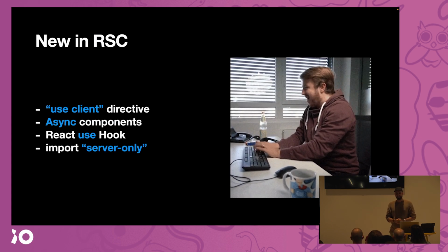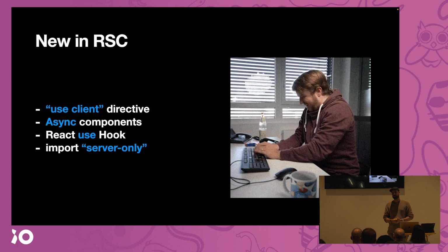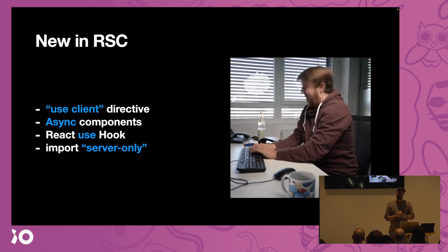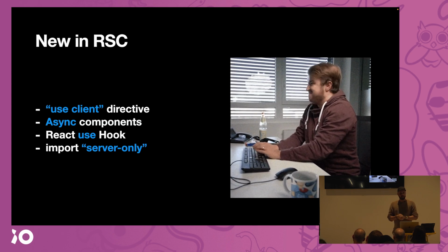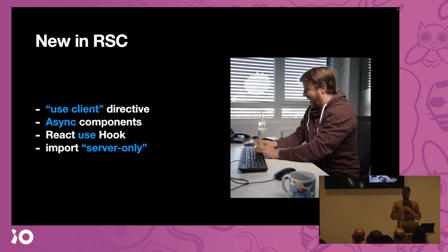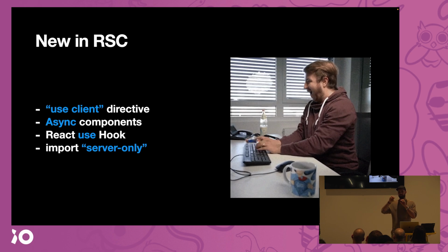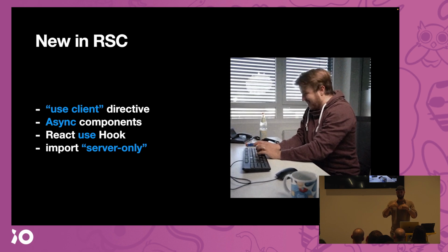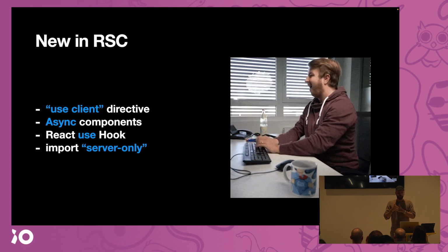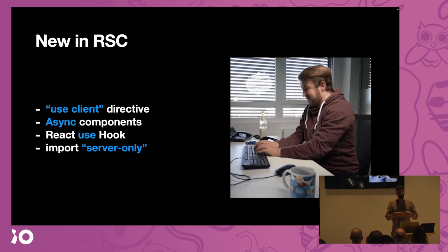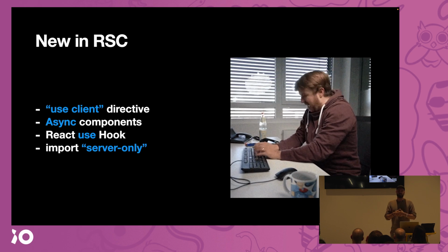So what do we have in React Server Components, I mean in React? There is a new directive called use client. We can use it to make our component tree from that part on a client-side component that works as a client component. We have async components. We have the React use hook, which I think you already know.